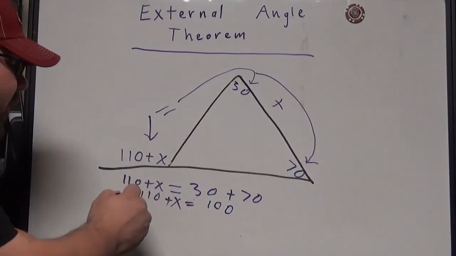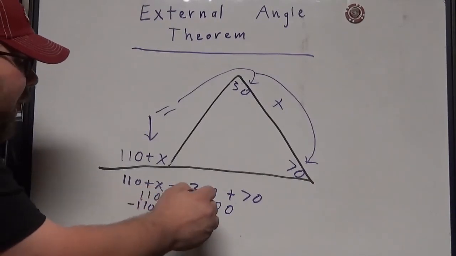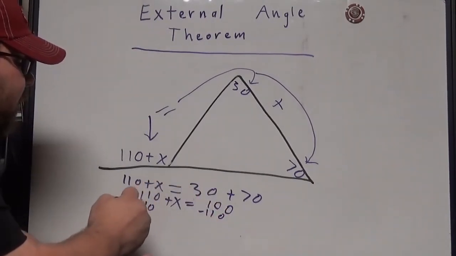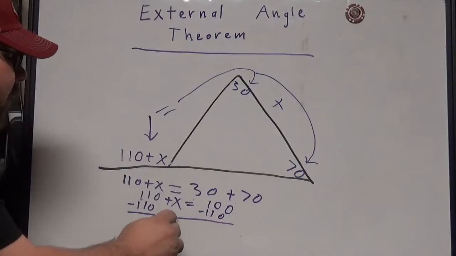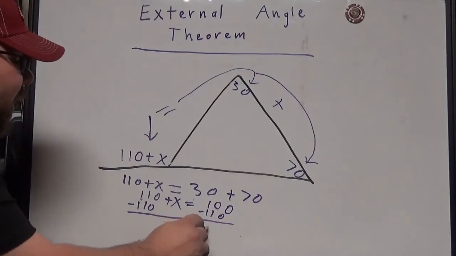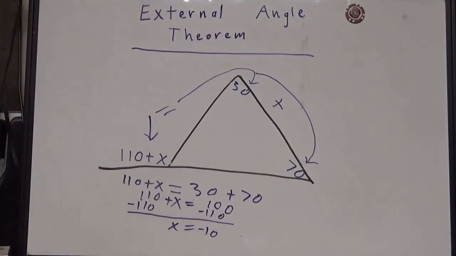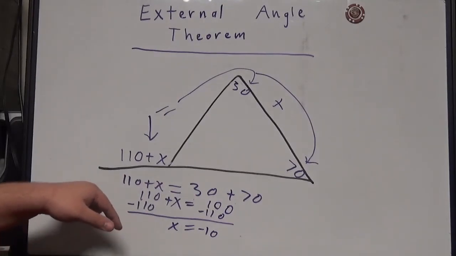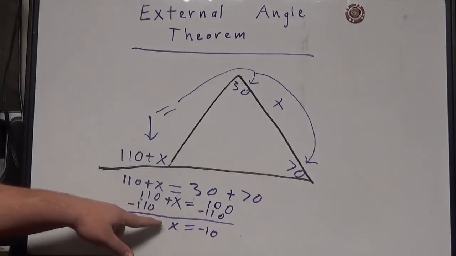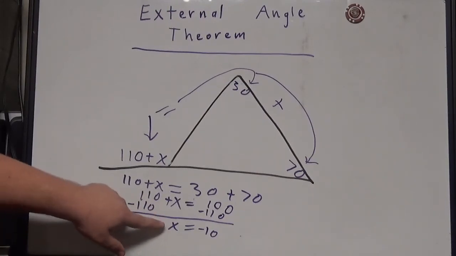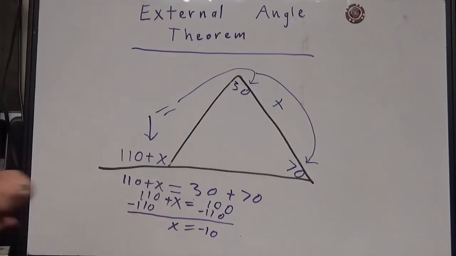One-step equation now: minus 110 on both sides, and we get x equals negative 10. Hopefully you can see that on the screen. I think you can, but of course I don't know for sure. But anyway, x equals negative 10 is what it says here, in case it is too low.